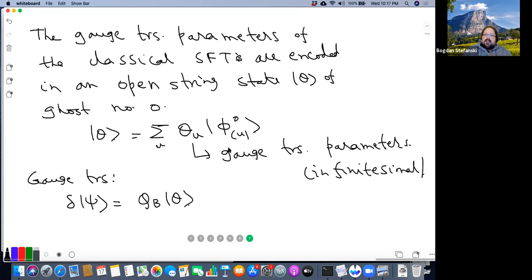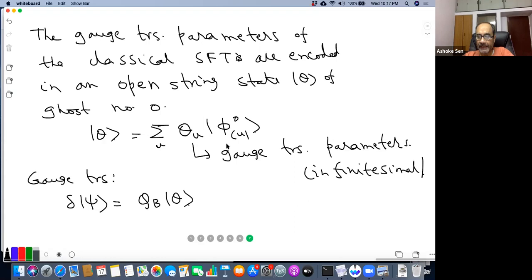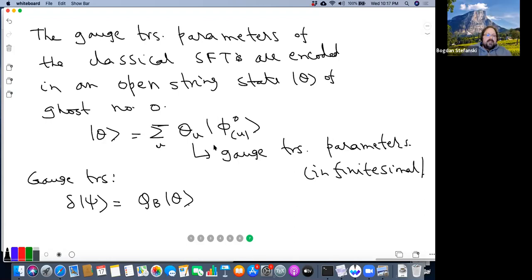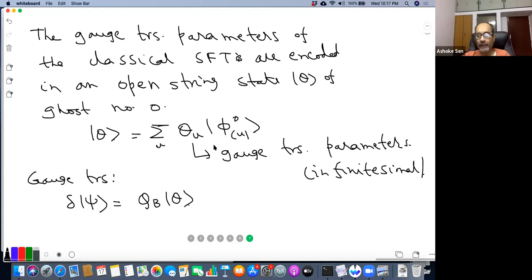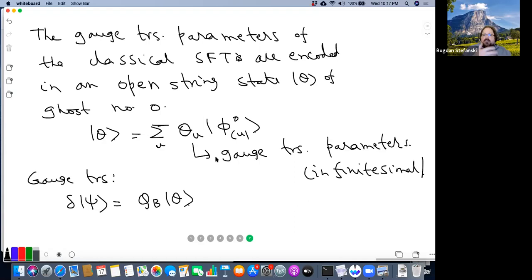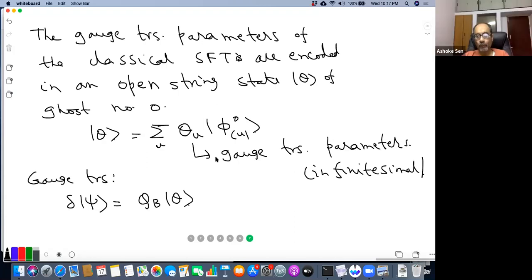No, because that's the closed string sector. Exactly. Here you are talking about open string gauge invariance because you are really doing the open string path integral. Closed strings are not going to play any role, because any degeneration involving closed strings we can deal with by analytic continuation. So you just focus on the open string sector and how to carry out the path integral over the open strings. But formally, there would be some BRST operator which is a sum of all these things? Exactly, both closed and open string.